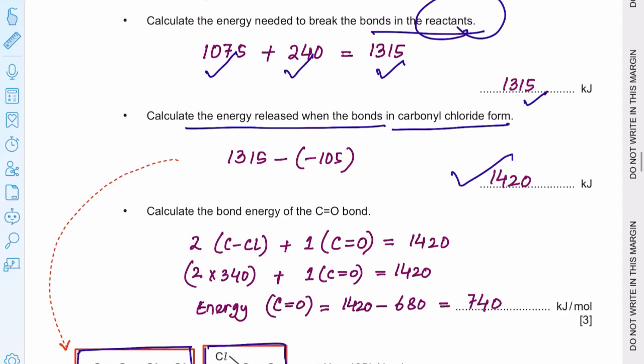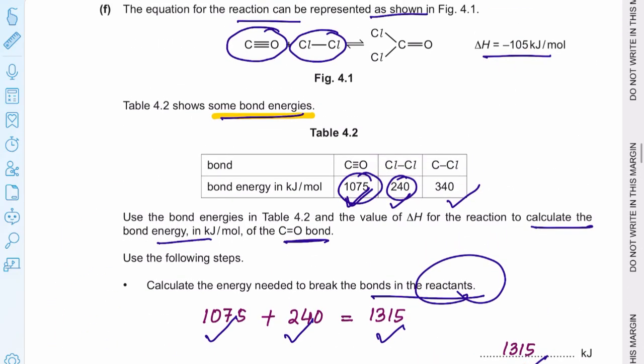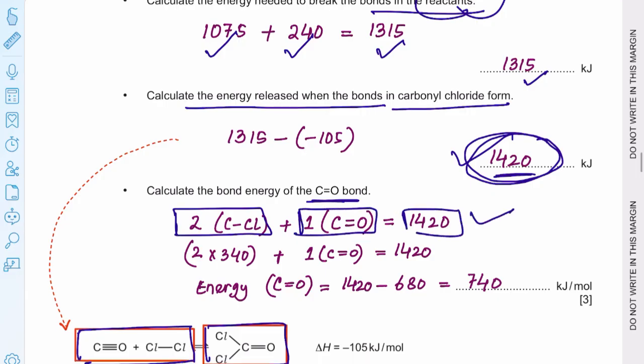Calculate the bond energy of the C double O bond. You can see here we got the formation bond energy of 1420, right? Here we have 2 C-Cl bonds, carbon chlorine bonds, and 1 carbon oxygen double bond, which equals an energy of 1420.